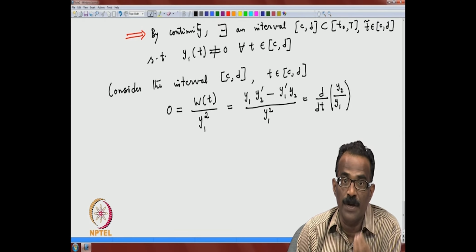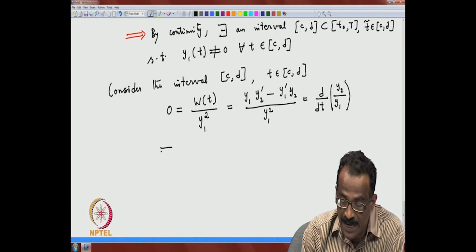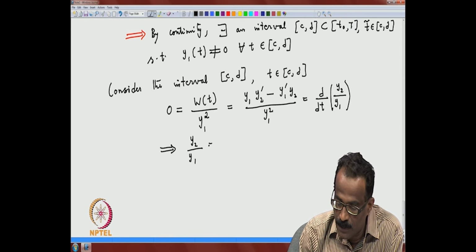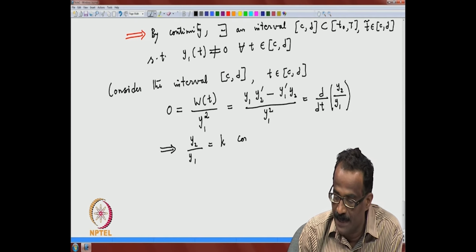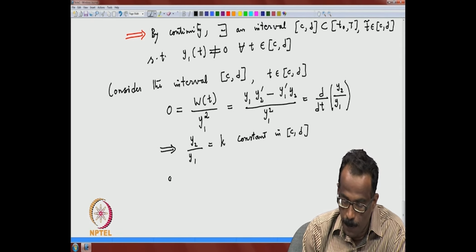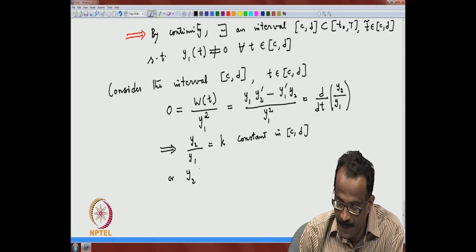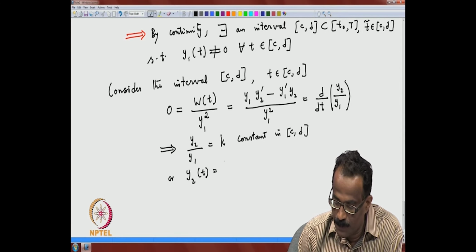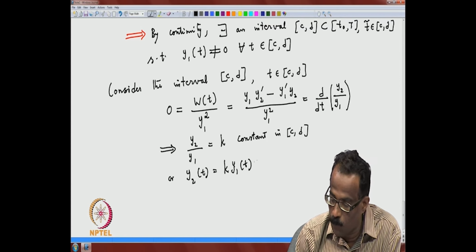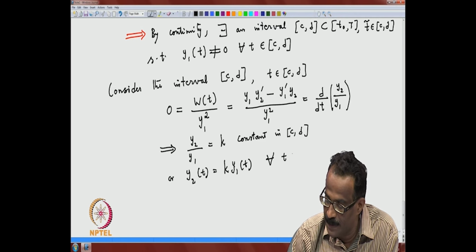So, d by dt of y2 by y1 is equal to 0 in an interval, that implies y2 by y1 is equal to a constant in CD, that is important, or y2 of t is equal to k y1 of t for all t in CD.